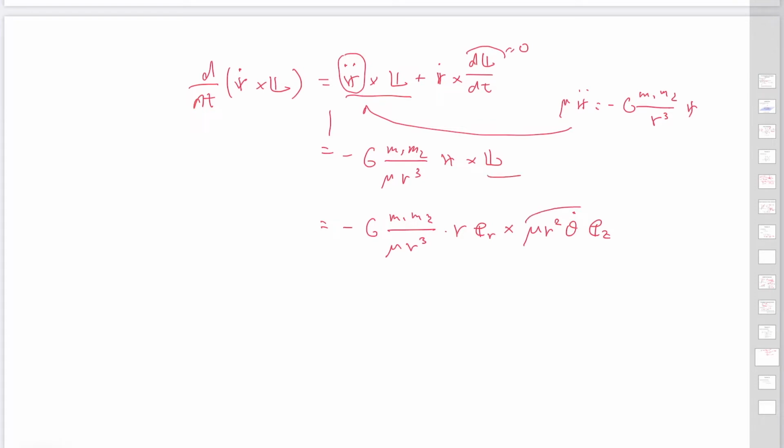So this is equal to the L, r is equal to this one. Then mu is going to be cancelled out. r cubed is going to be cancelled out.